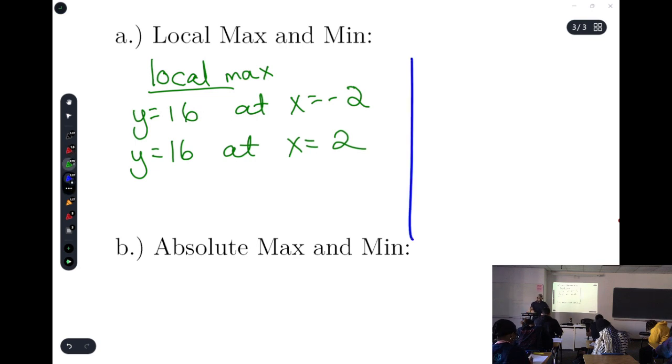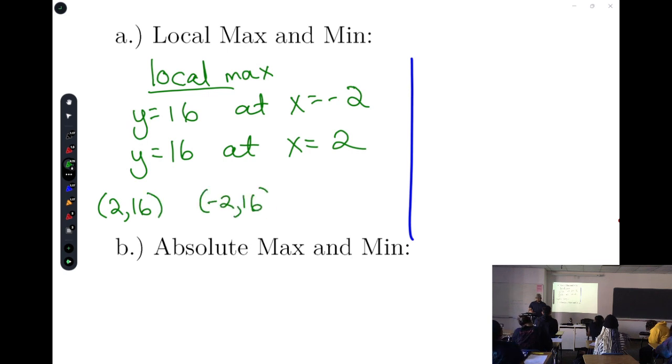True? And if you want to beef up your answer, you can say this occurs at (2, 16) and (-2, 16). That's easier, but that doesn't tell me... I like that answer, right?